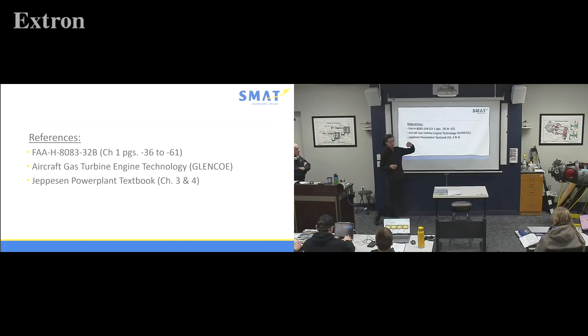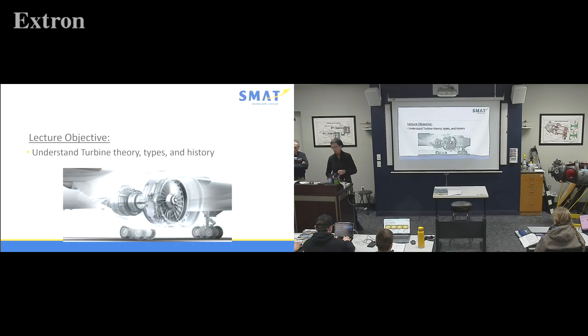So if you want to dive deeper into it, feel free to do that. And then the Jeppesen, I may refer to that as needed. I like how they explain things better sometimes than the ASA book, so I'll try to let you know when that happens. So the objective today is to understand turbine theory, types of turbines, and some really fun history.